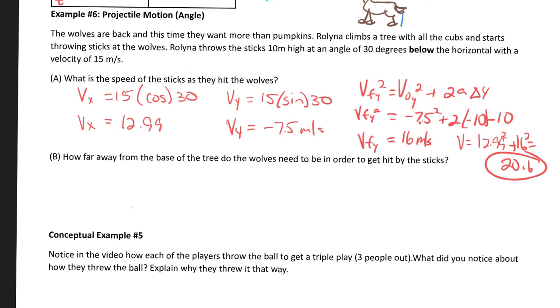So I'm just going to really quickly draw my right triangle again. This side was 16 meters per second. This side was 12.99. We had a 30-degree angle, and I need to find x.